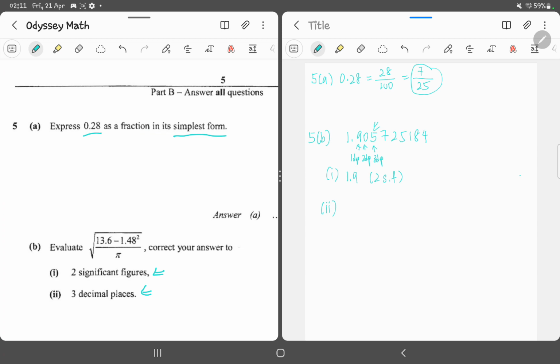So look at the number to its right, which is 7. So we round up. So in this case, it will be 1.906. So this is rounded off to 3 decimal places. And yep, we are done with question number 5.